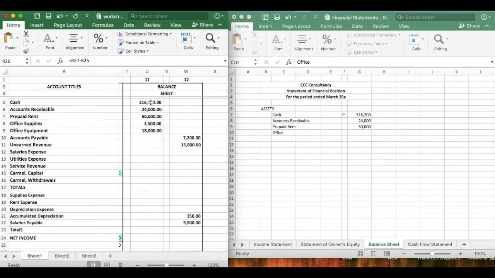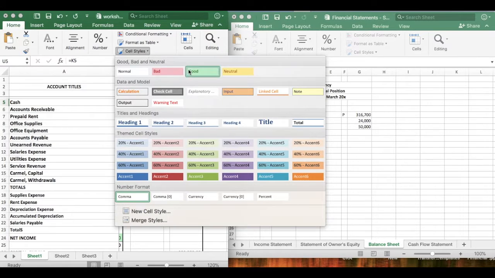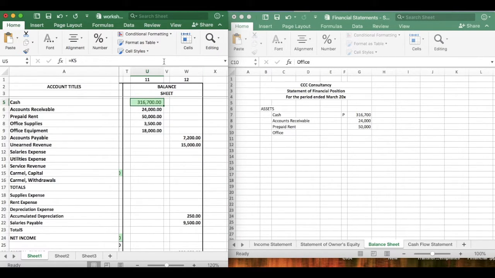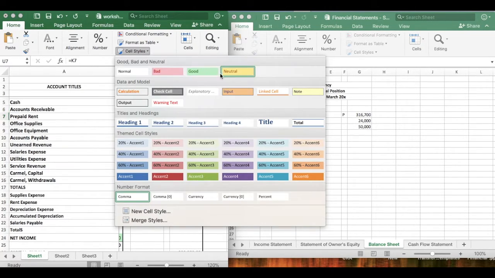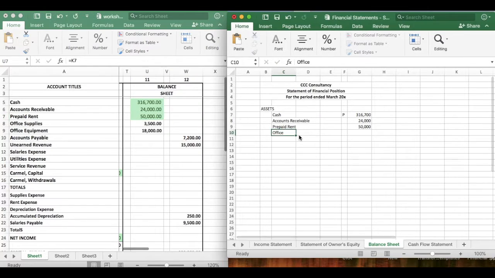Okay, I'm getting confused already with the numbering, so it would really help if you label, or you indicate that you have written them. So this would be office supplies at 3,500, right?